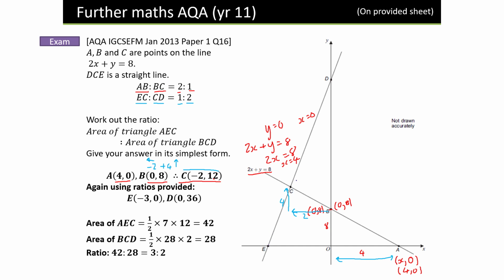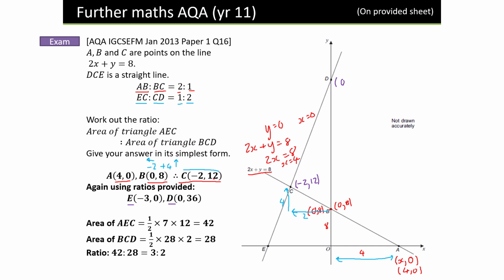But if you know the coordinate of C, which is minus 2, 12, now let's have a look at this part ED, I mean, apologies. Now that you've got C is minus 2, 12, we can assume, because we know the coordinate of D is 0 because of where it is on the y-axis, right?